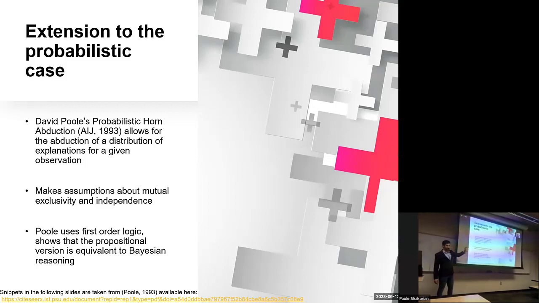What's interesting about this is the propositional case of this form of logic abduction with probabilities is equivalent to a Bayesian network. But by having it in a first order logic, you actually get a lot more expressivity. It's more expressive.